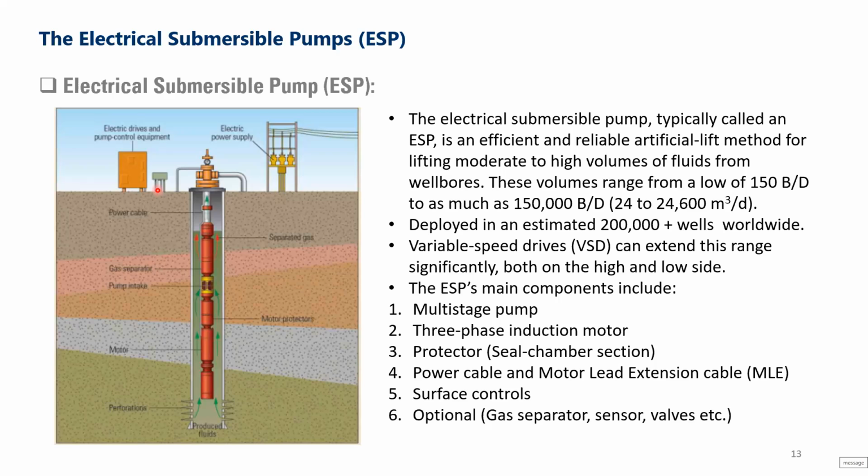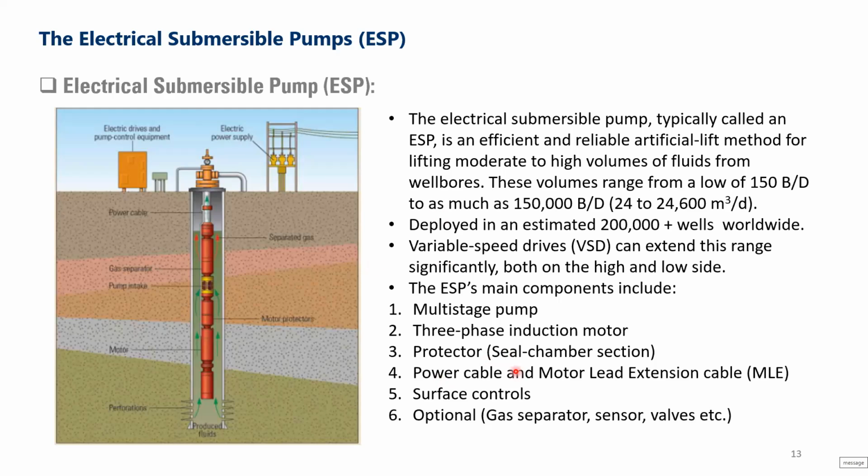This is the minimum. This one is the maximum. So at any time of the running life of the well, the ESP can be optimized through the VSD to play with the speed and hence give you the production that is expected. So you have the flexibility here of playing with the speed of the ESP through the variable speed drive.